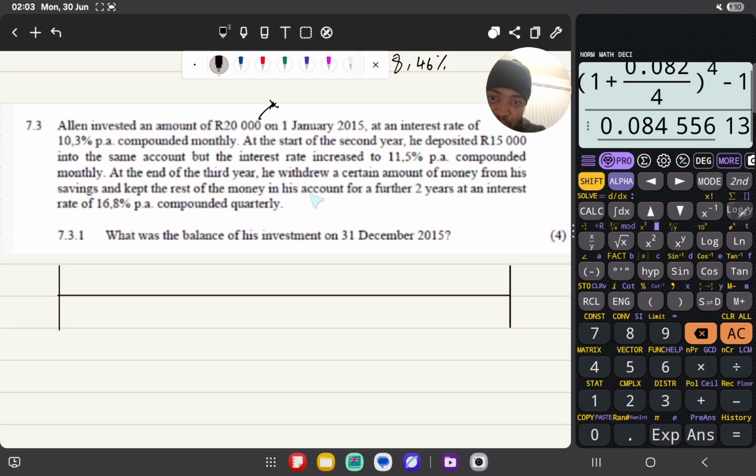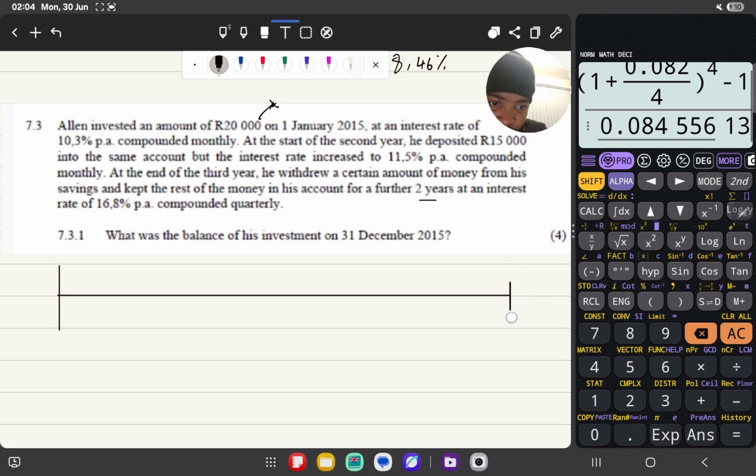At the end of the third year, he withdraws a certain amount from his account, and he keeps the rest in the account for a further 2 years. So 5 years in total.